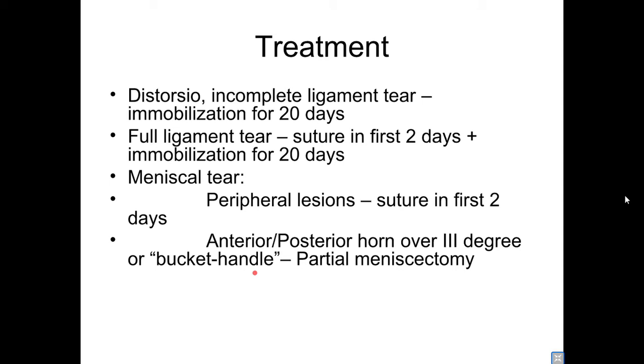The decision about the ACL reconstruction could be made at any time in the future, after a month or after 5, 6 months, next year, and sometimes ACL could be left torn if the knee feels stable. It depends on the patient's activity.